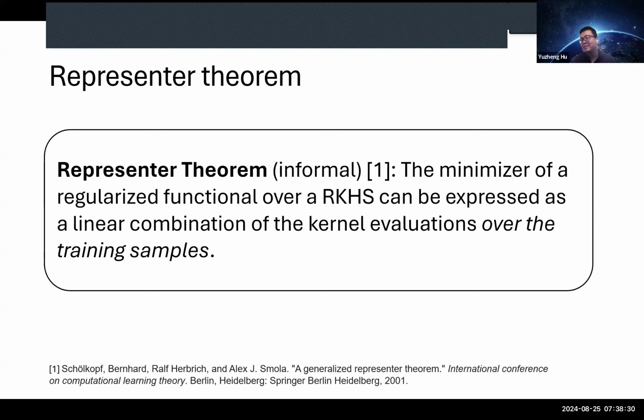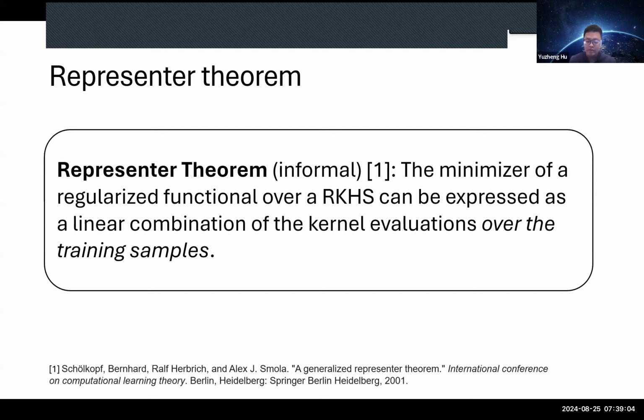Generally speaking, you can just think of the problem that we are solving as some empirical risk minimization problem. Although here it is very crucial that we use some sort of regularization, for instance, L2 regularization. And the representer theorem essentially says that the minimizer of this regularized empirical risk minimization problem can be expressed as a linear combination of a lot of functions.